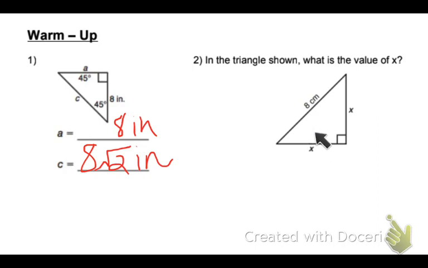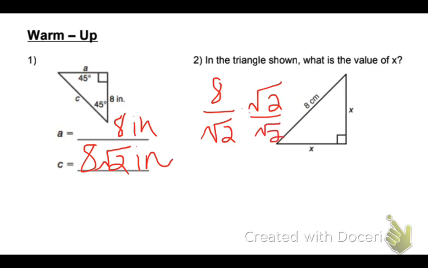So to get backwards to before it was multiplied by root 2, we can divide the 8 by the square root of 2. But remember, we can't leave our answer like that because we can't have radicals in the bottom of our fraction or in the denominator. So remember, we have to multiply by whatever we're trying to get rid of. In this case, by root 2 over root 2.